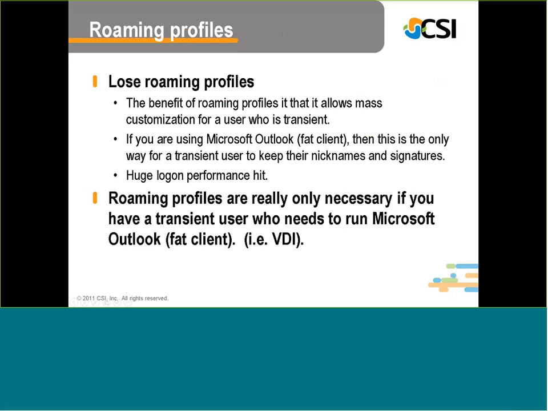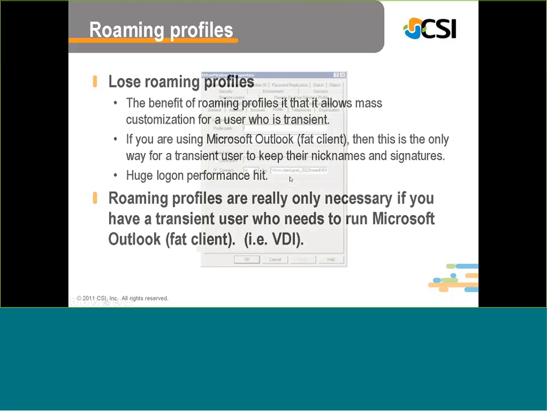That tends to be the biggest reason we use roaming profiles, because people freak out if they don't have their signature and their nicknames in Office. Now, if they're using Outlook Web, then we don't care about these things. It's just the fat Outlook client. And a transient user that uses the fat Outlook client, VDI for instance, is a huge logon performance hit.